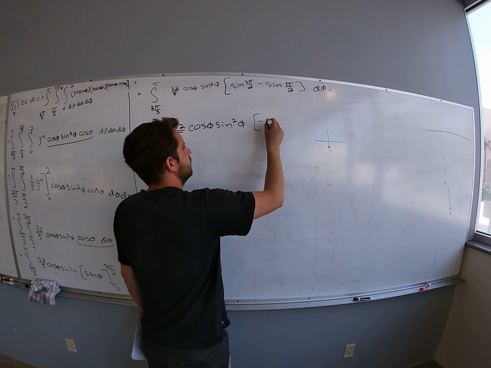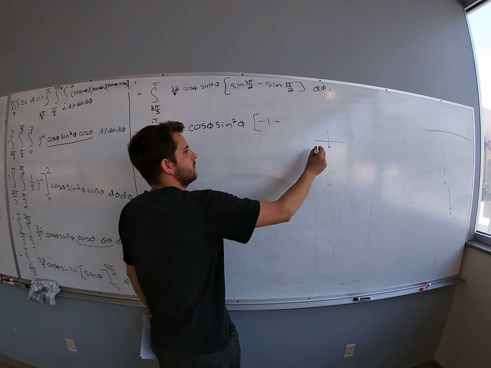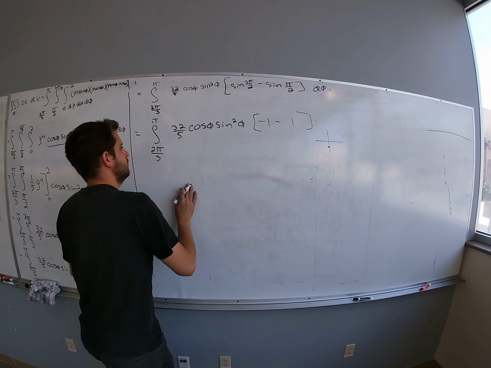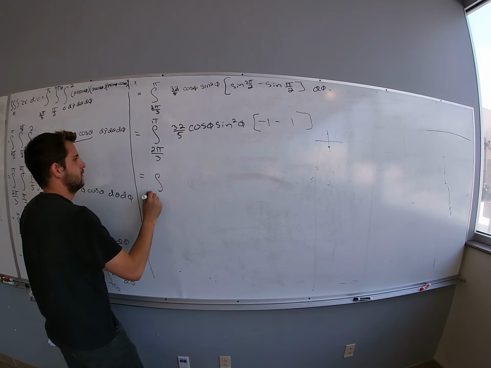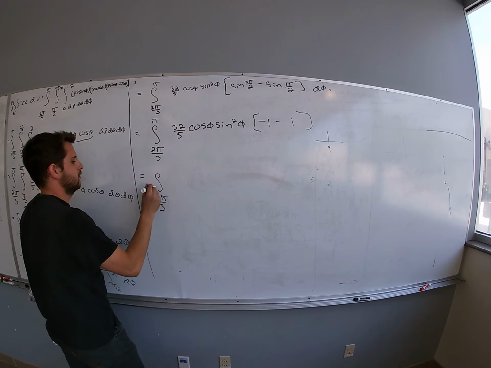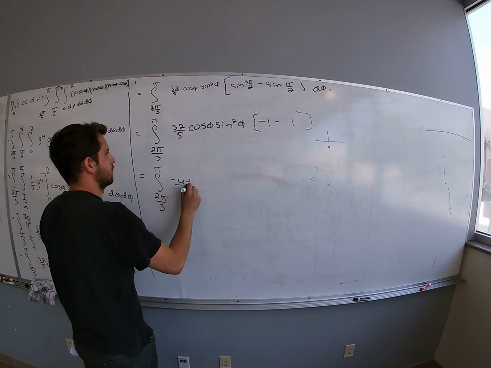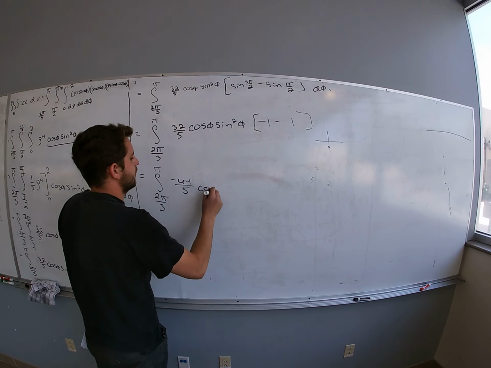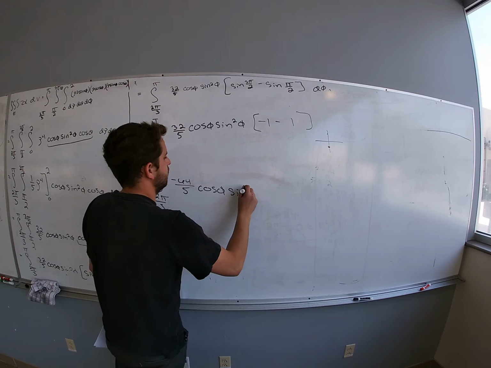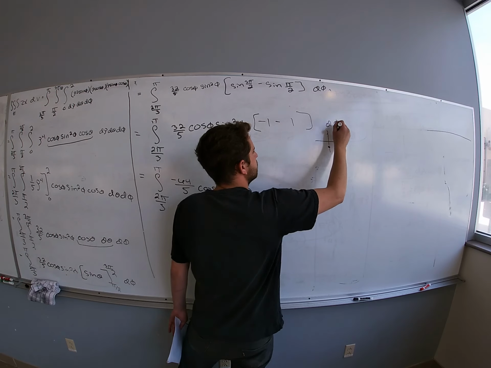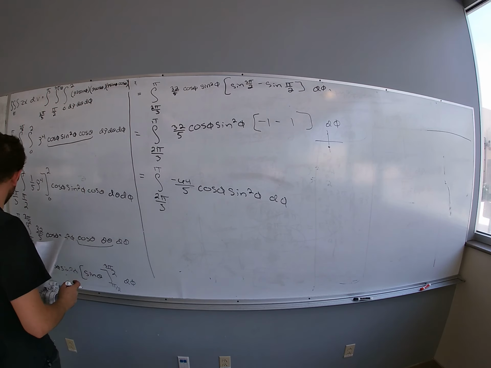So that's a negative 1. Minus sine of pi over 2, that's up here, so that's a positive 1. So this just gives me negative 2. So this equals 2 pi over 3 up to pi. Multiplying this by negative 2 gives me negative 64 over 5 cosine of phi, sine squared of phi, d phi. Missing my d phi up here. d phi.